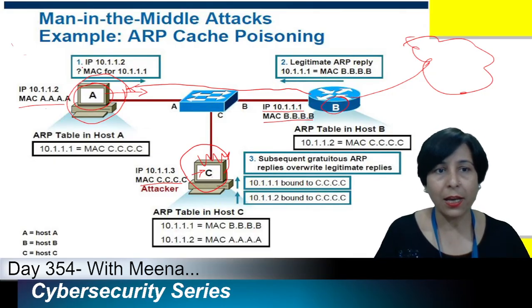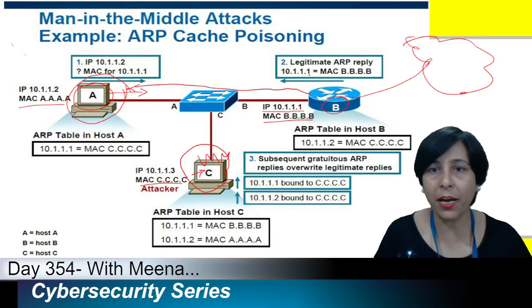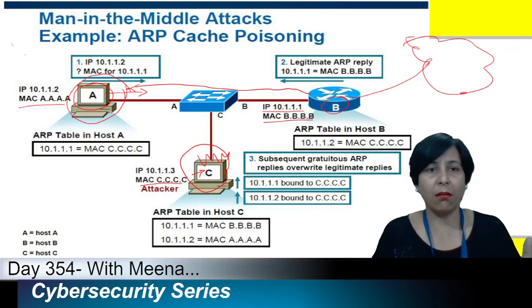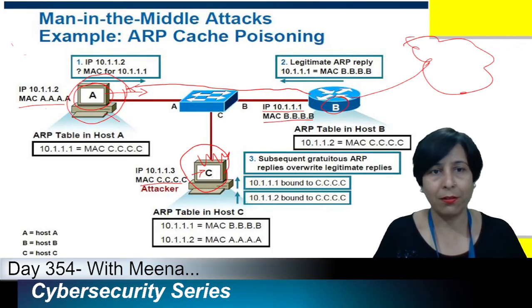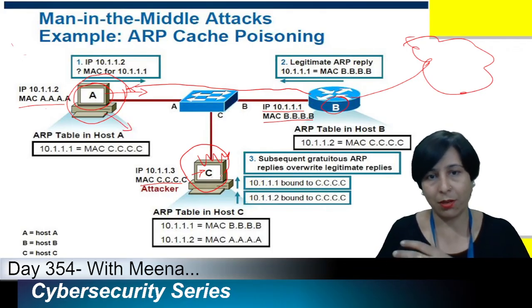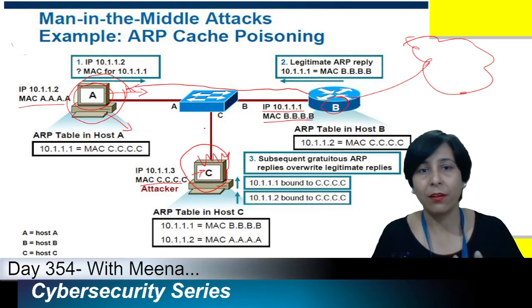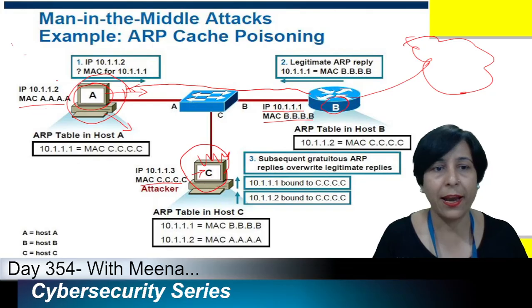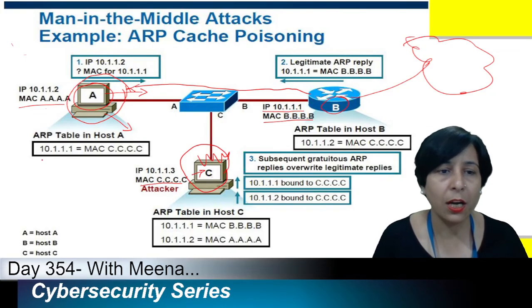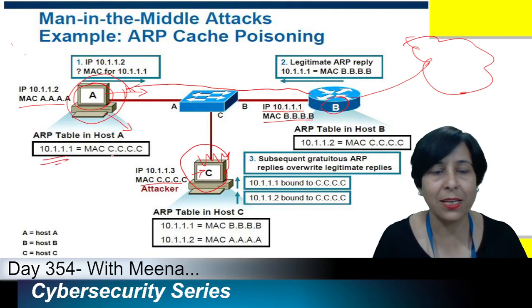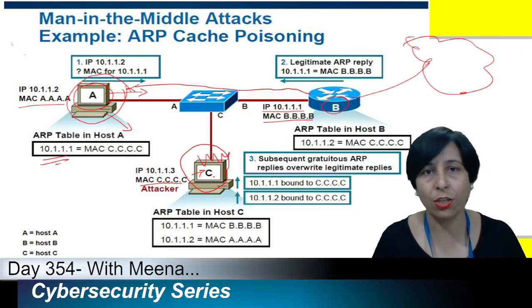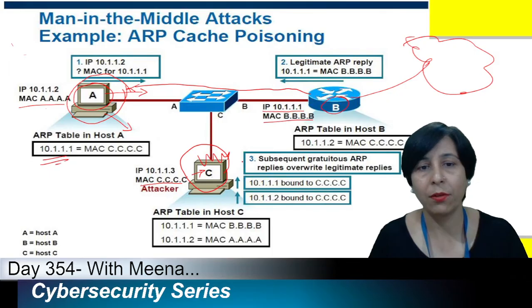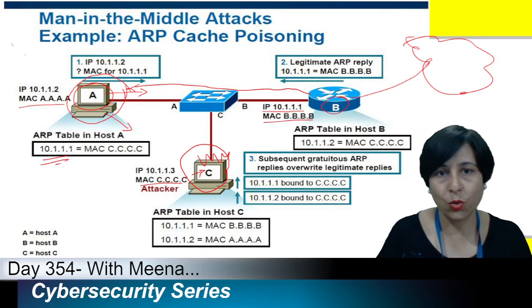When A communicates with B, it will think, yes, in my table, because now the hacker has poisoned the ARP table of A, saying the router's MAC address is CCC, which is the MAC address of the hacker's device.